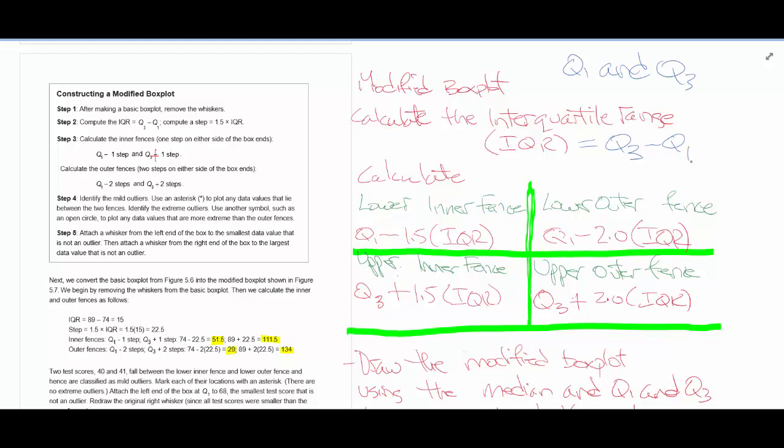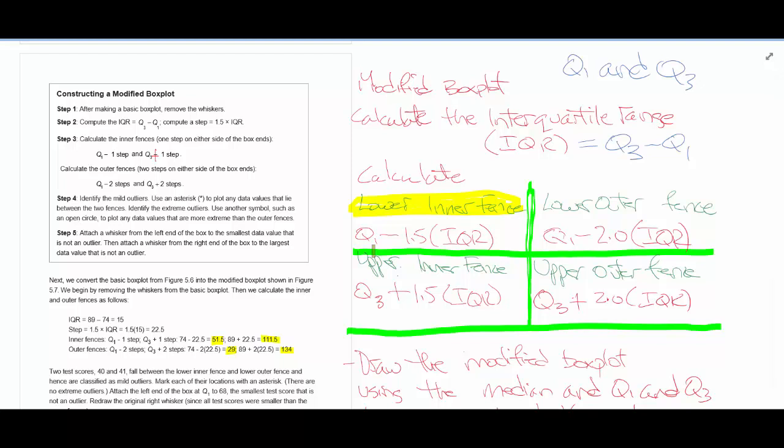The inner fences, the way you calculate them is you take the interquartile range and you multiply that by 1.5. Then to calculate the lower inner fence, which is in the direction below the first quartile, you take the value of Q1 and subtract 1.5 times the interquartile range.